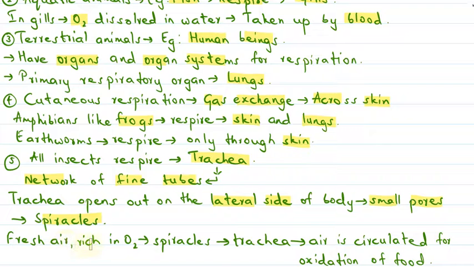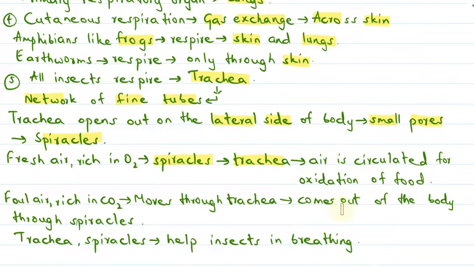So the fresh air that is rich in oxygen first moves into spiracles, then to trachea, and from trachea this air is circulated throughout the body for oxidation of food. Then, the foul air that is rich in carbon dioxide first moves through the trachea, then it comes out of the body with the help of spiracles. So, we can say that trachea and spiracles in insects help in breathing, that is, they help in exchanging the respiratory gases in case of insects.